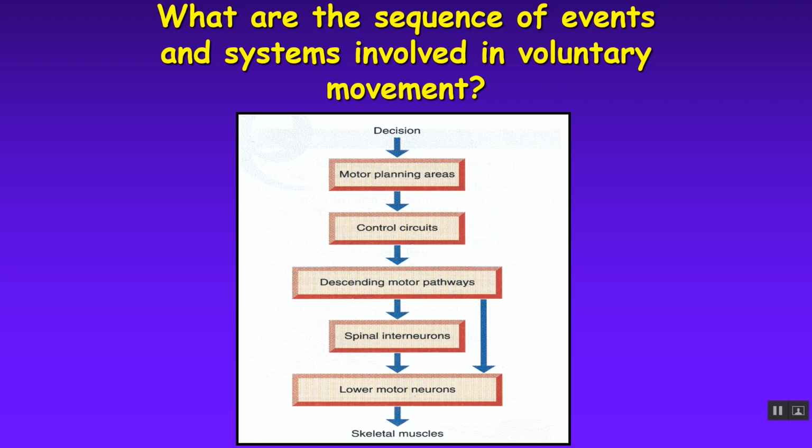So you go down the descending motor pathways. It will often interact with some spinal interneurons before it talks to the anterior horn cell, the lower motor neuron, or sometimes it can talk directly to the lower motor neuron without being influenced by spinal interneurons first. But a lot of times it's influenced by spinal interneurons that either upregulate or downregulate the signal, and then eventually it reaches the skeletal muscles.